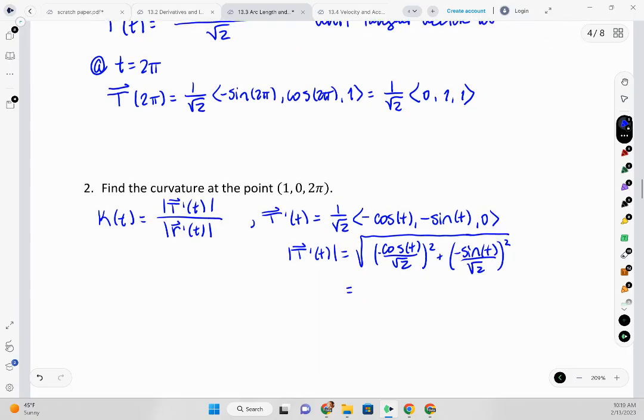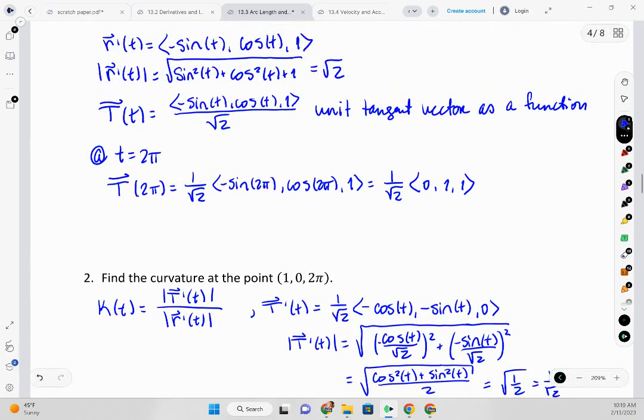And then that's going to add up to be the square root of cosine squared of t plus sine squared of t over 2, which finally leaves me with a 1/2 under a square root, or 1 over the square root of 2. Okay, now up above, I already have the magnitude of, whoops, I didn't mean to cross that out.